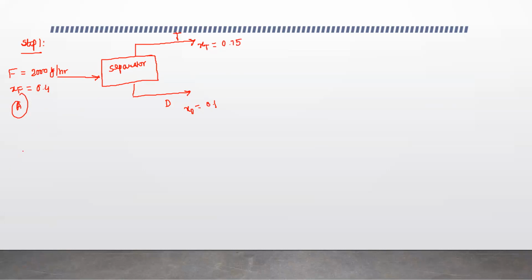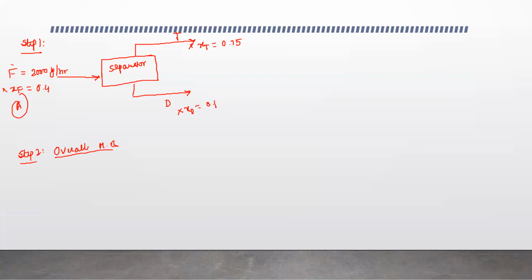Next, what I need to do is form the overall material balance. In the overall material balance, just forget that anything with X is mentioned. Just see what else is mentioned.